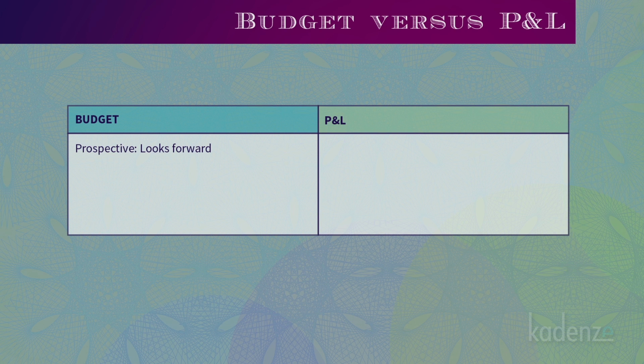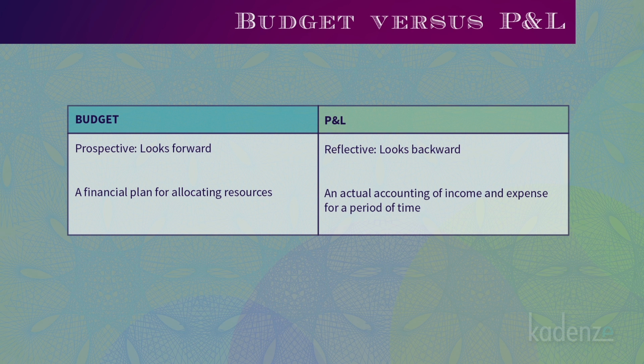A budget is prospective. It shows what you think will happen in the future. It is a financial plan for allocating resources. Your P&L is reflective. It shows how you actually allocated your resources during a period of time. The more aligned you can make these two reports by using similar categories, making consistent assumptions, and making notes to yourself throughout the process, the better they will work together.